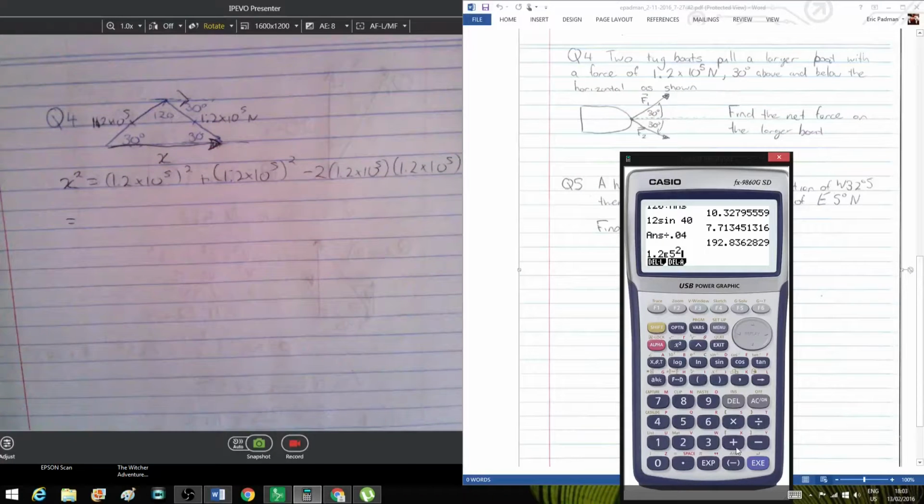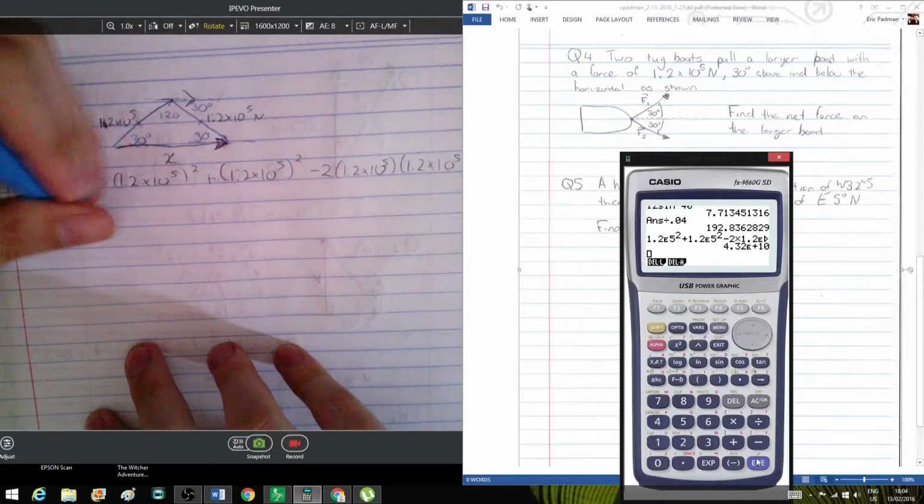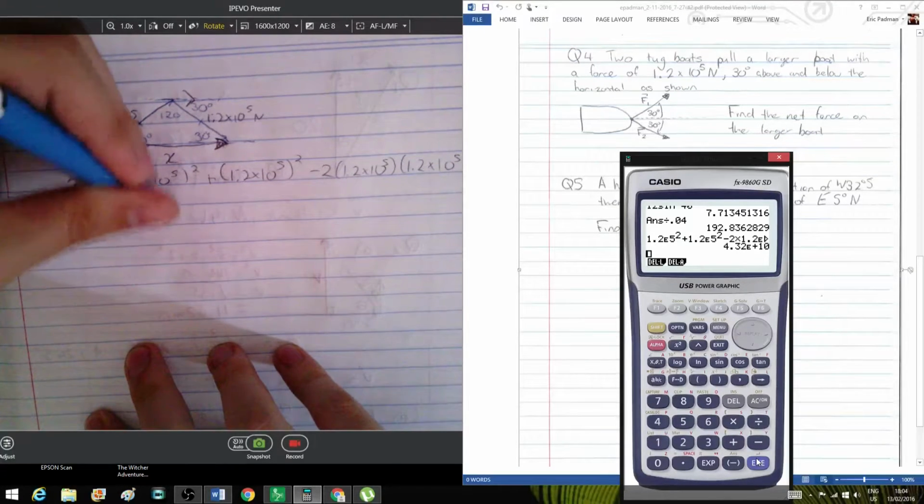1.2e5 squared plus 1.2e5 squared minus, now basically that ends up being 1.2e5 squared again, because it's minus 2 times 1.2e5 squared times cosine 120, equals 4.32 times 10 to the 10.